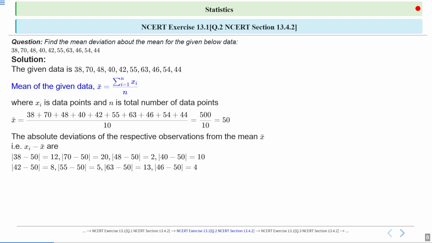For 55, it is mod value of 55 minus 50 equal to 5, and for 63, it is mod value of 63 minus 50 equal to 13. For 46, it is mod value of 46 minus 50 equal to 4. Similarly, you can find it for data 54 and for data 44.